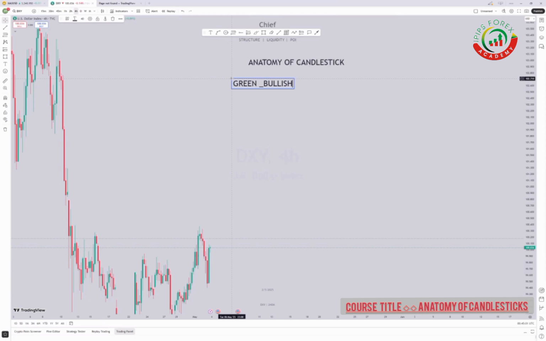The second type of candlestick is the red one, which signifies the bears. The red signifies the bears, the green signifies the bulls, the bullish candlesticks. Whenever a bear wants to attack its opponent or its prey, it eats them to the ground.